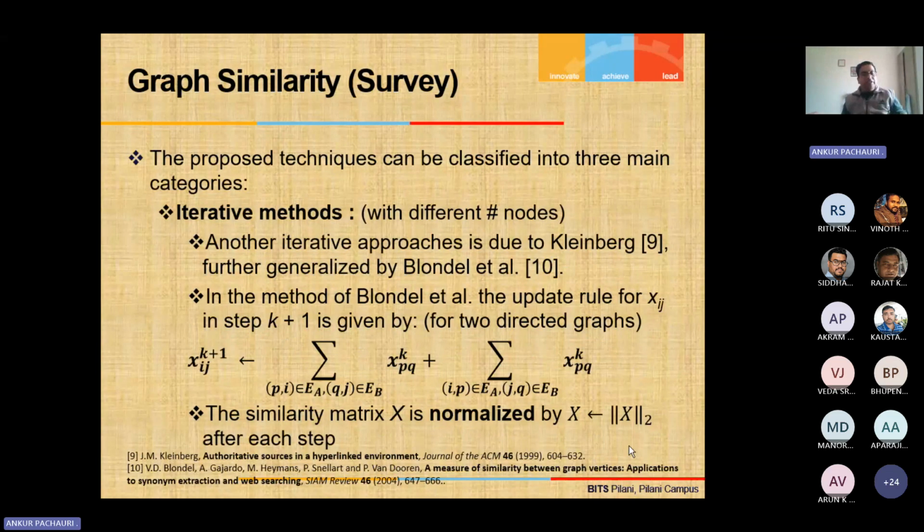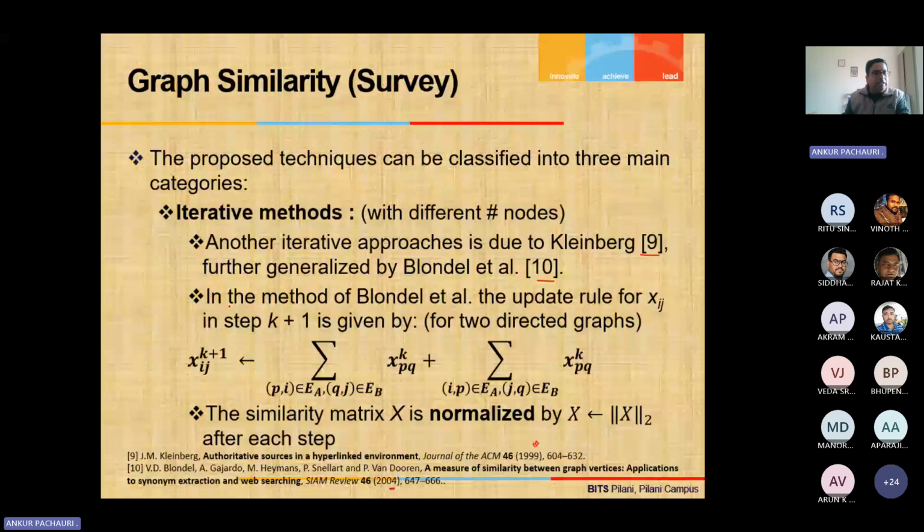Now, how does it do this? There were a few methods suggested by various researchers. Initially, it was suggested by Kleinberg in the year 1999, and then it was updated by Blondel in the year 2004.